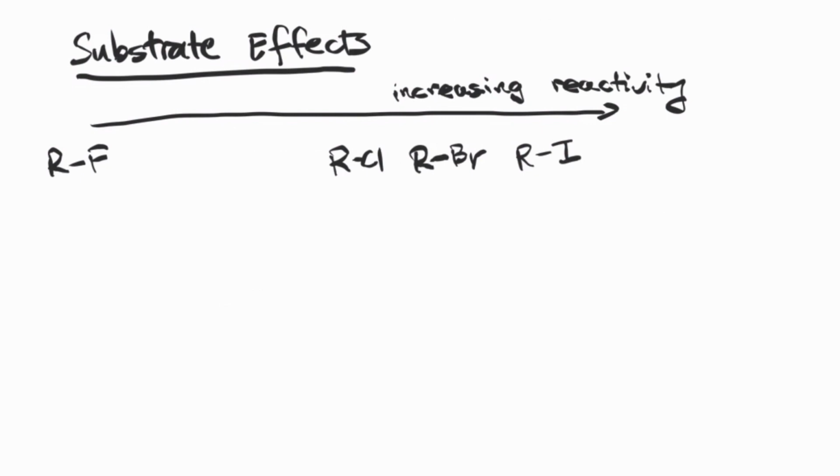Besides the leaving group, the degree of substitution on the alkyl halide is also very important. In fact, primary or secondary alkyl halides will not be good candidates for the E1 or SN1 reaction, but only the tertiary alkyl halides will, as they will transition through a stable tertiary carbocation. Now there are exceptions.